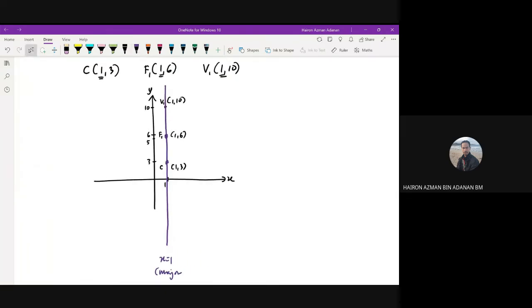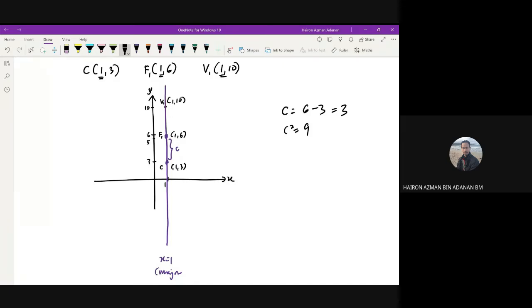Okay. So we know focus to center is the value of C. So how to calculate the value of C? 6 minus 3, that is 3. So C squared equal to 9.